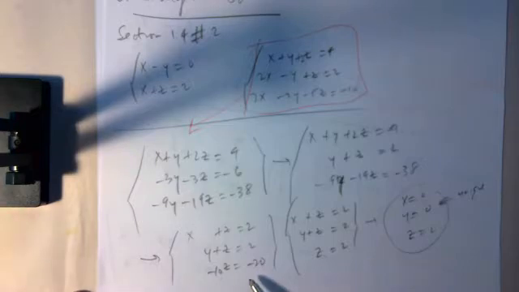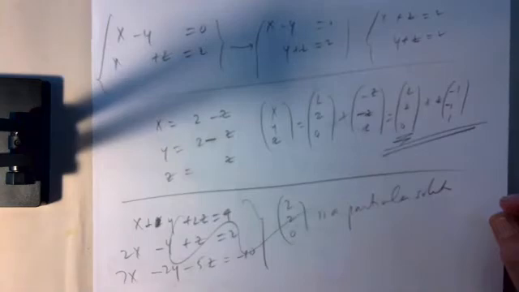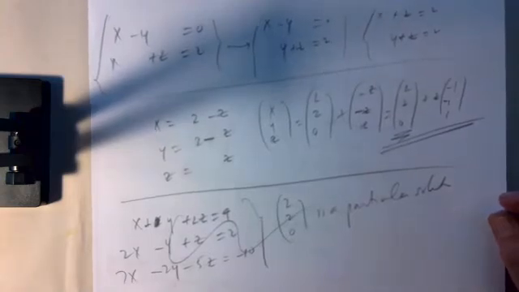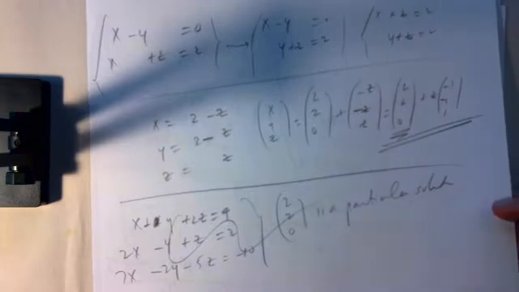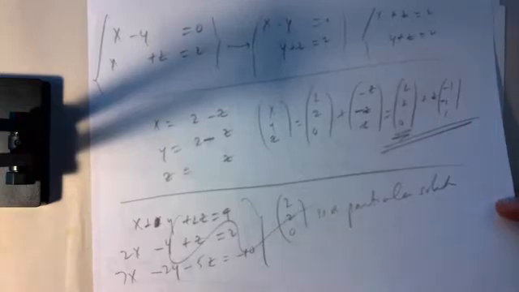But it looks like for the second system, that's the only solution. 0, 0, 2. Yeah. So somewhere in that problem, there's a typo.